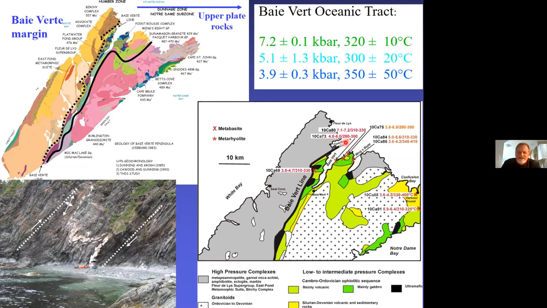What you can see is that the upper plate rocks, represented by the Baie Verte Oceanic Tract, were buried to great depths, 7.2 kilobars at temperatures of about 320, typical for cold geotherms associated with subduction zones to varying degrees. So again, that is not what you would expect in a soft collision and what you see in the Bay of Islands ophiolite and in the Quebec ophiolites.